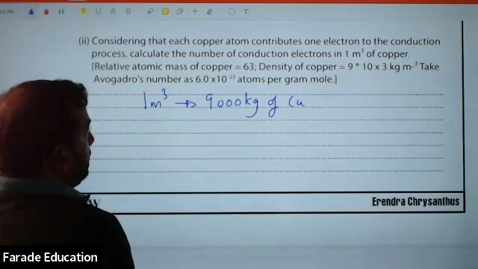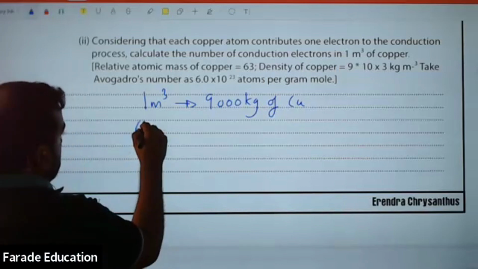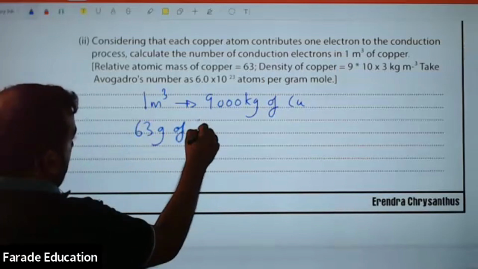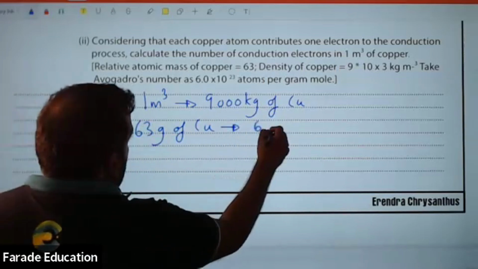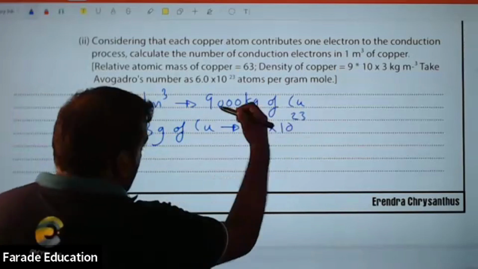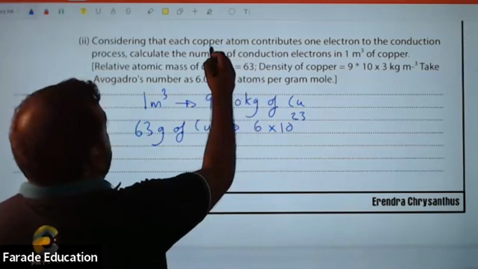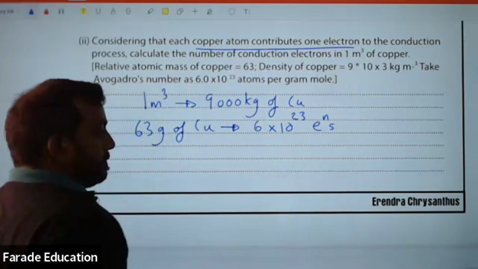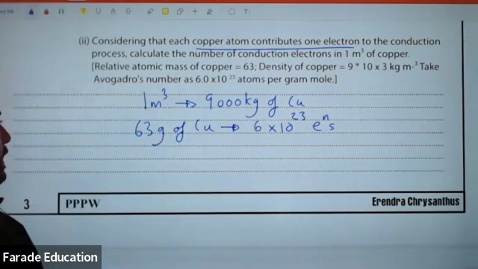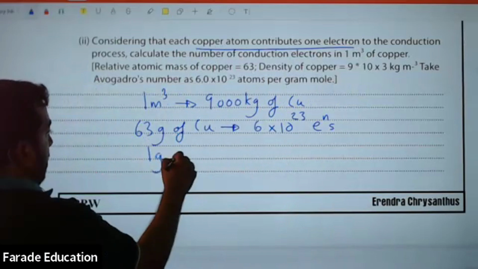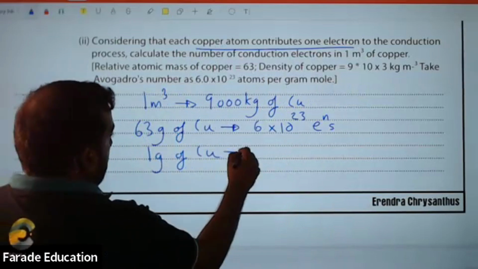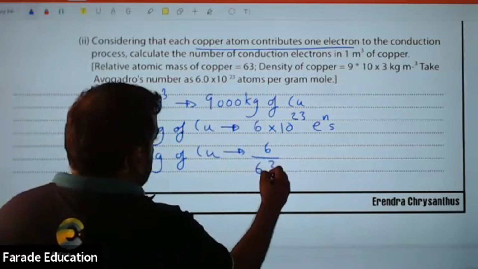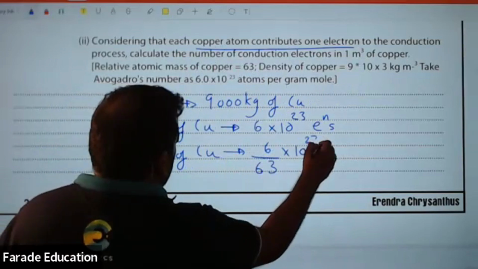Avogadro number is given, which means 63 grams of copper has Avogadro number of atoms. One atom gives 1 electron. So 1 gram of copper has 6 divided by 63, times 10 to the power 23 electrons.